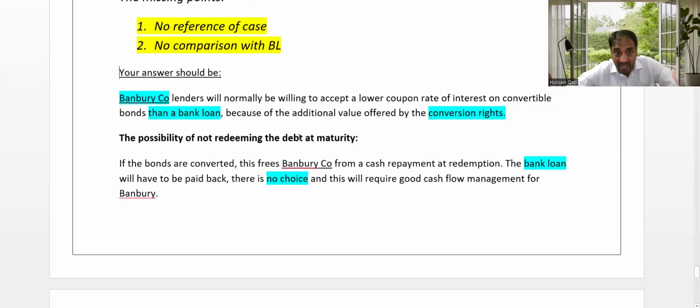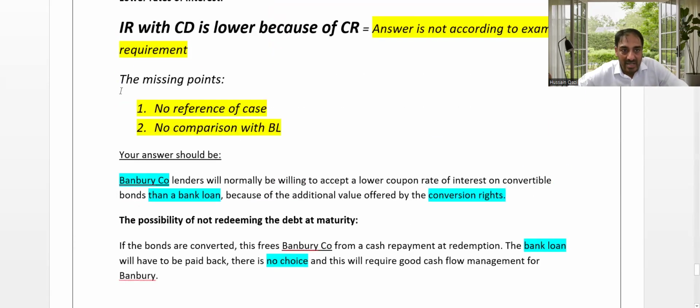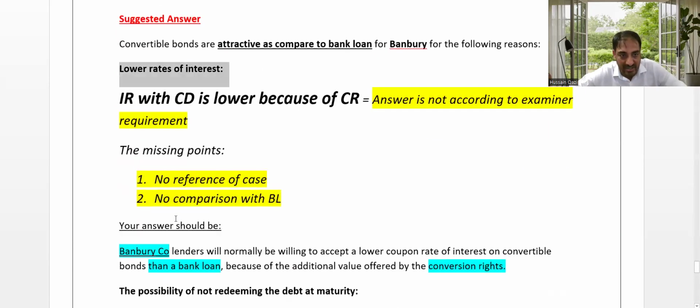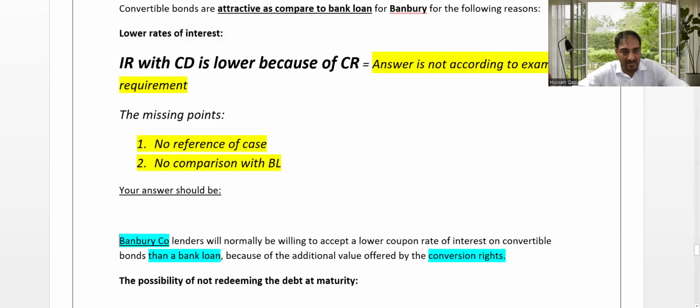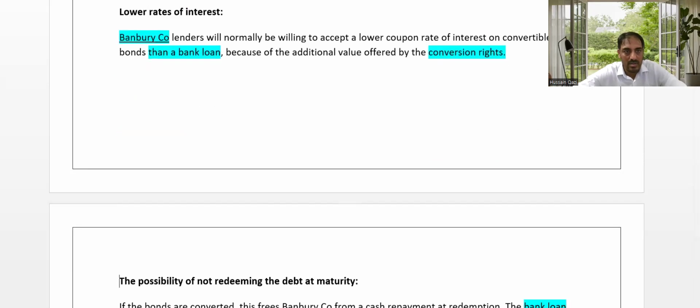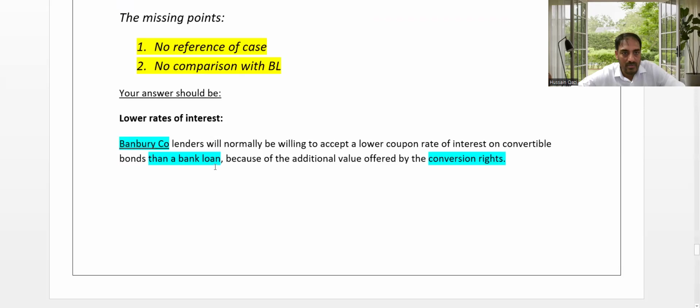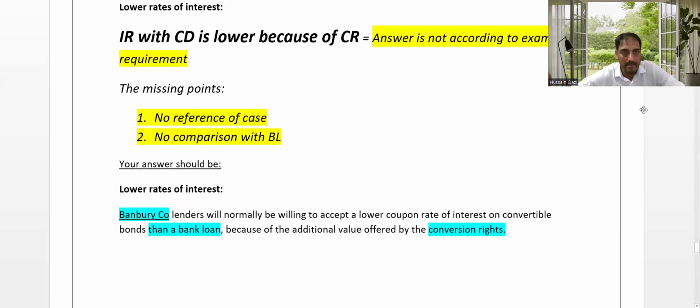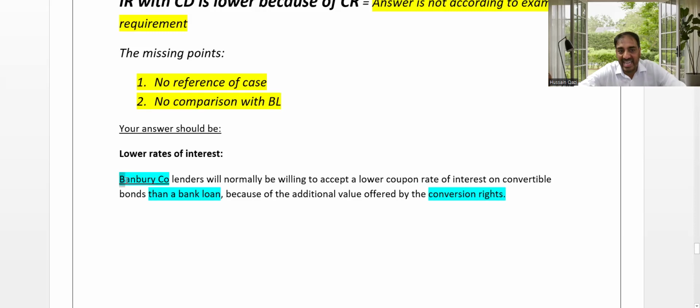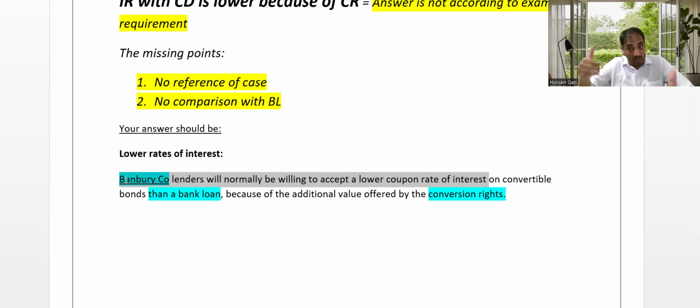So what should be the right way to answer? Yes, if you wanted to write about lower interest rate, your answer must be in this manner. Banbury company lenders will normally be willing to accept a lower coupon rate of interest, or you can answer in this manner: Banbury can issue the convertible debts with lower interest rate.